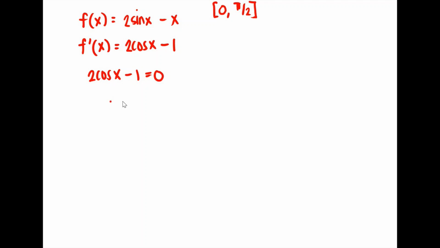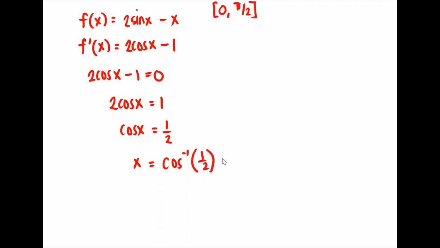So from this, we have 2 cosine x equal to 1. And cosine x, we divide both sides by 2. So cosine x is equal to 1 over 2. So to get the value of x, we have the cosine inverse of 1/2.